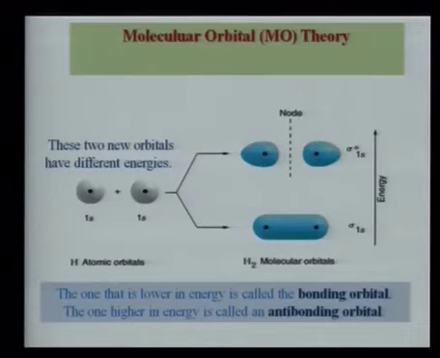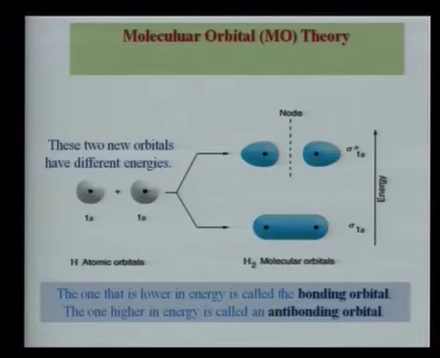Now as you are aware, we consider homonuclear and heteronuclear molecules. Suppose you want to check whether the H2 molecule is stable or not, you can explain it on the basis of molecular orbital theory. When two hydrogen atoms combine together they give two molecular orbitals, called sigma 1s and sigma 1s antibonding.